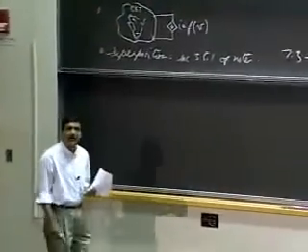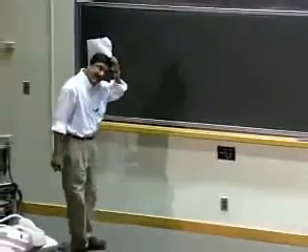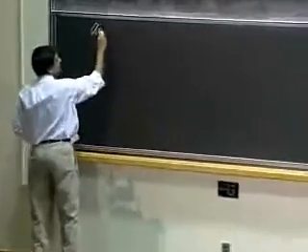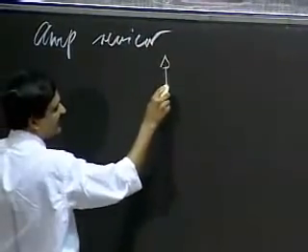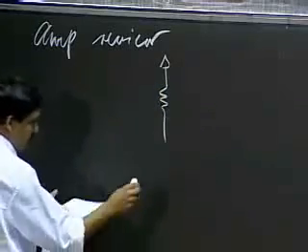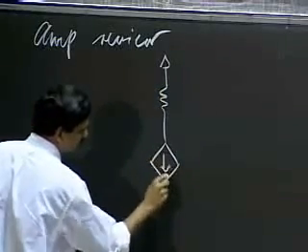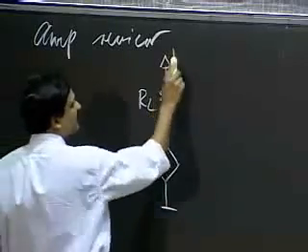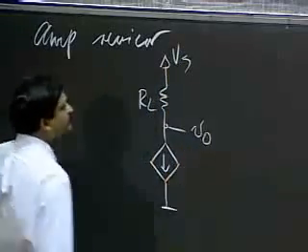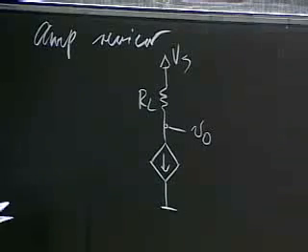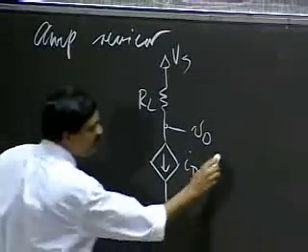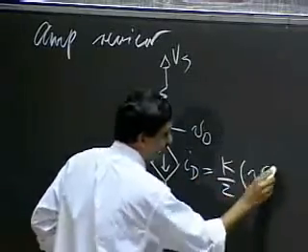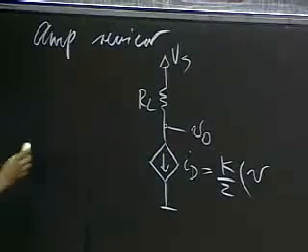So since we are going to build up on the dependent source amplifier, let me start with a quick review of that amplifier. So we built our amplifier as follows. We connected our dependent source in the following manner. And the current through the dependent source in the example we took was related to an input voltage VI.